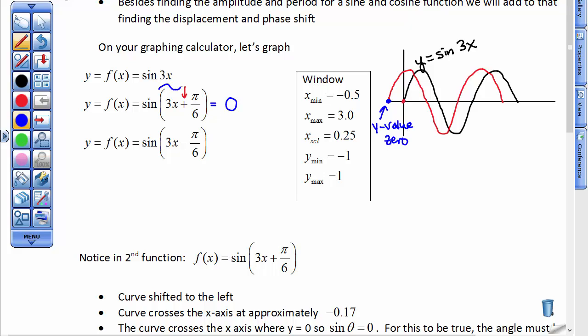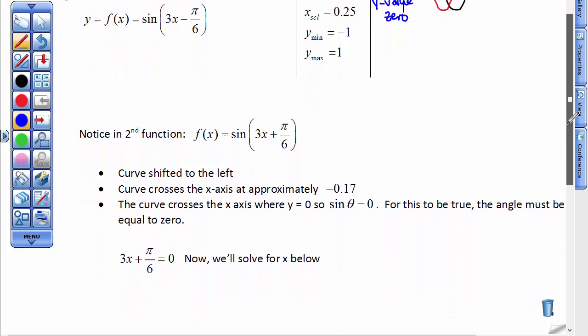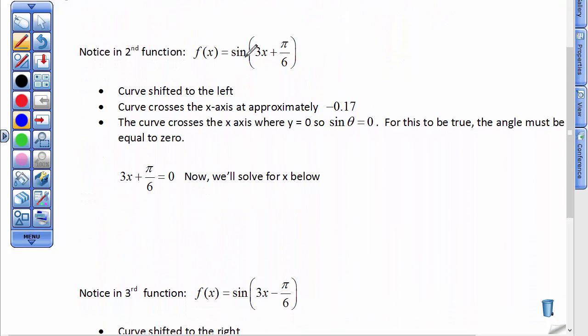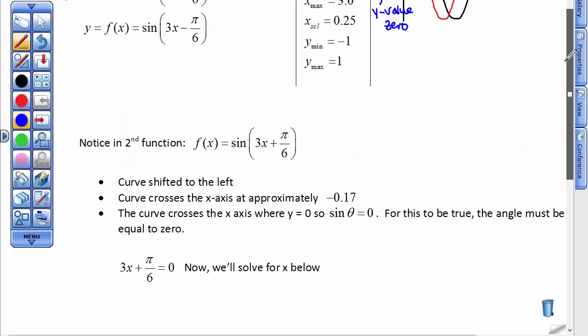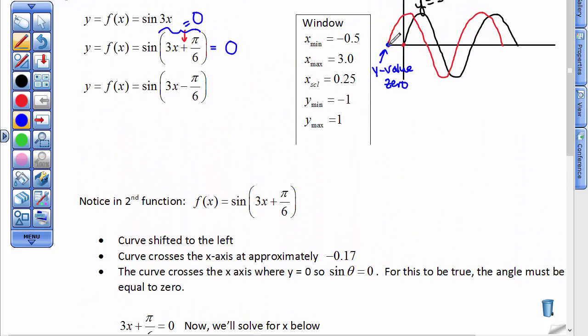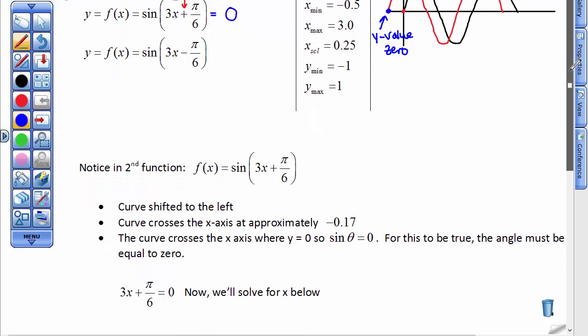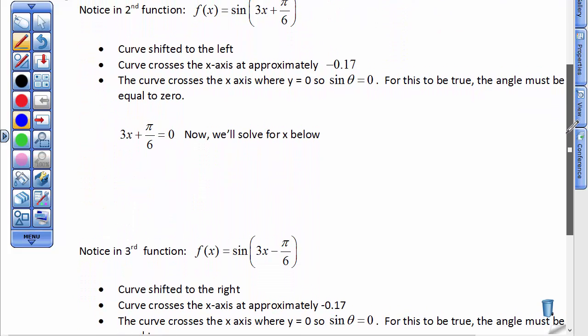So this second function shifted to the left, and it crossed the x-axis at approximately negative 0.17. That's that spot right there. That's that x value. So I'm going to go here and show you why that's true.